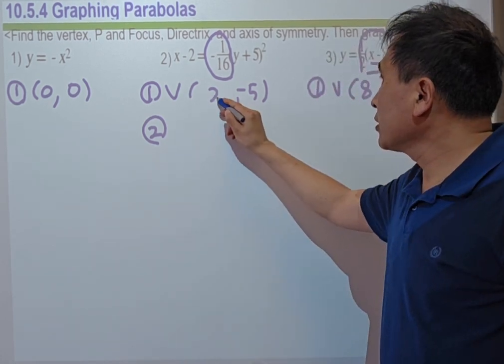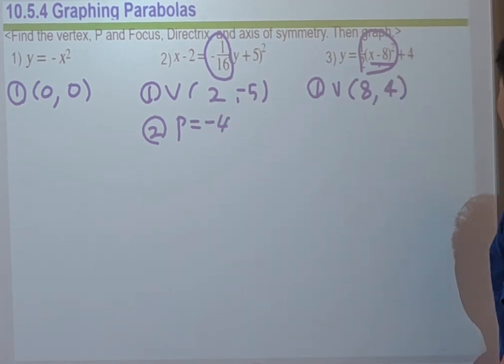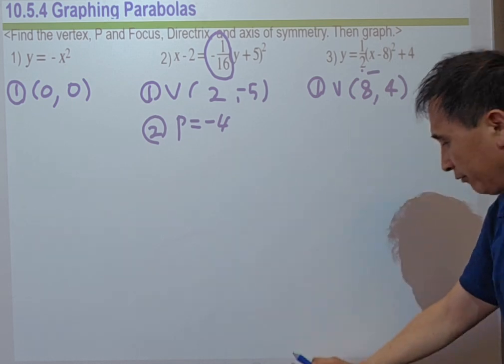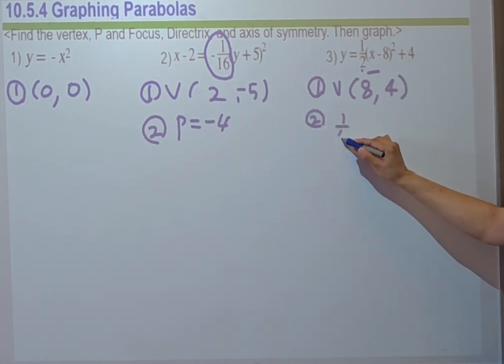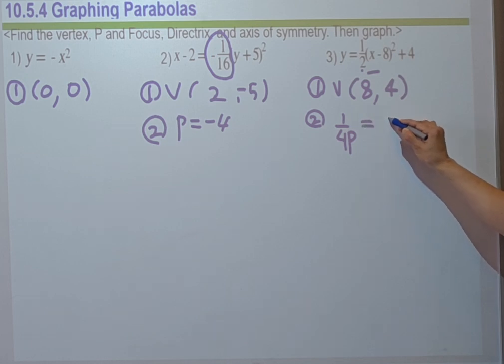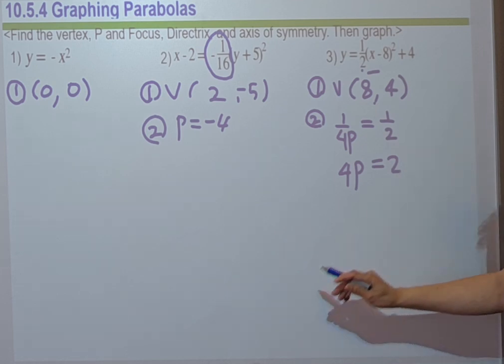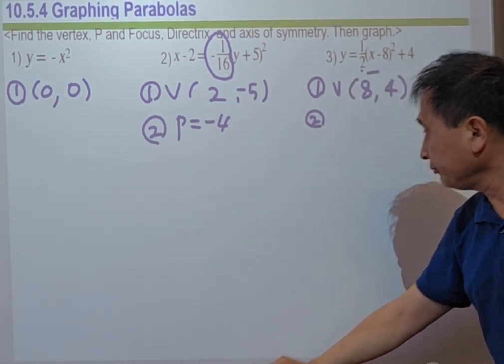So p equals -4 on this one. For this one, 1 over 4p equals 1/2. Flip, same thing, so 4p equals 2, and p equals 1/2.